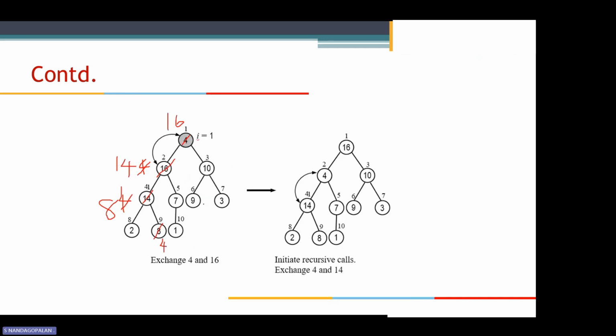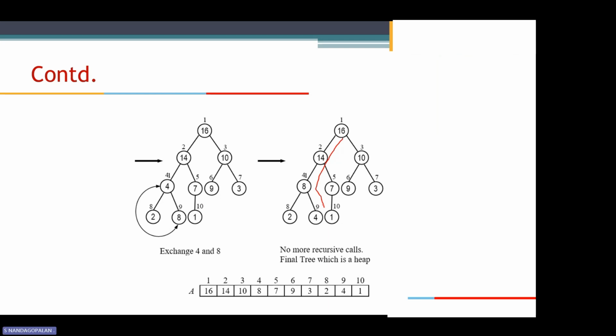Same thing in array form. This is now a heap because you take any subtree, you can take this 16, its children are less, and so on. You can check. So my first sub-algorithm is over. Given an array A, I have successfully heapified.